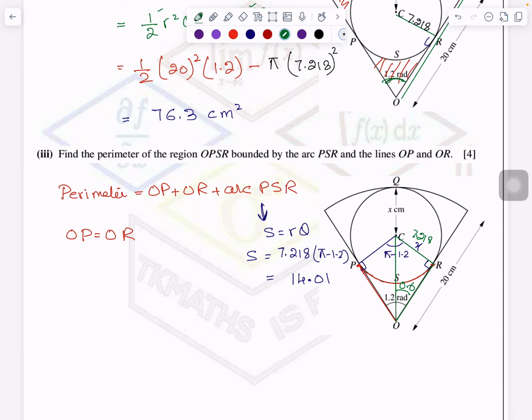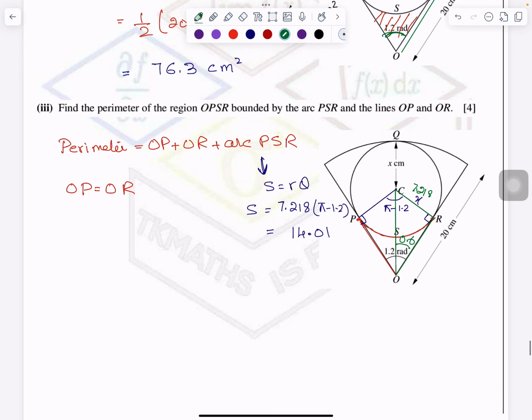So using tan theta, it will become tan 0.6. Tan is opposite over adjacent. So it is 7.218 divided by OR, right? So I will say OR is equal to 7.218 divided by tan 0.6.